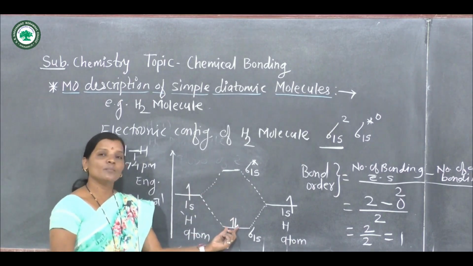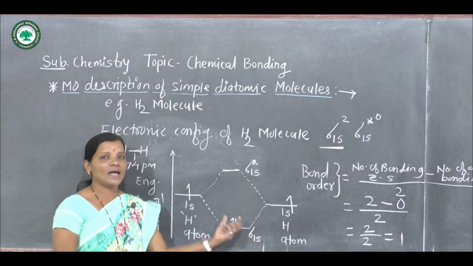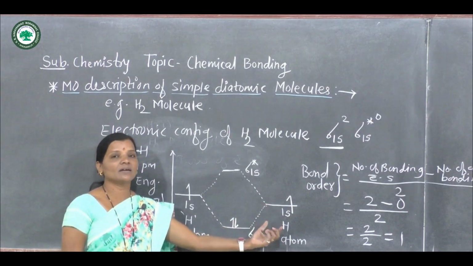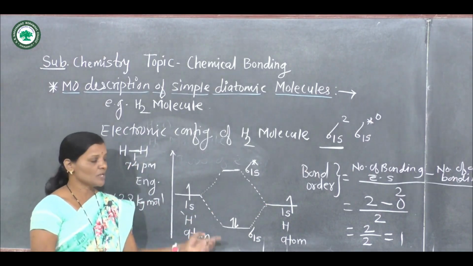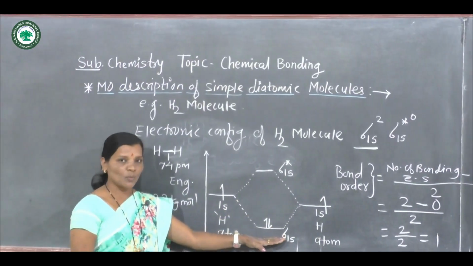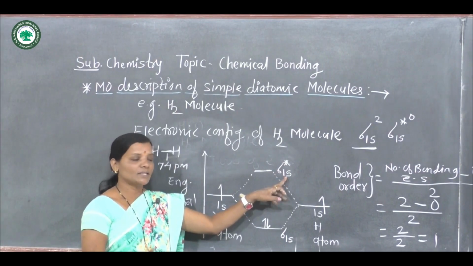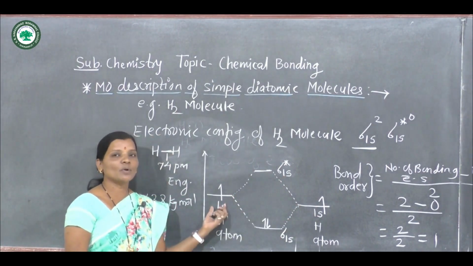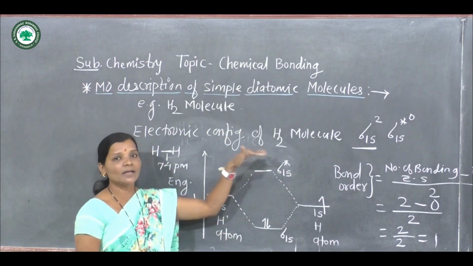So one is the bonding molecular orbital, that is nothing but sigma 1s, and this sigma 1s has lower energy than the corresponding 1s atomic orbitals of both hydrogen atoms. So that is shown below. And the sigma star 1s molecular orbital has higher energy than the 1s atomic orbitals of both hydrogen atoms. So that is shown at the higher level.